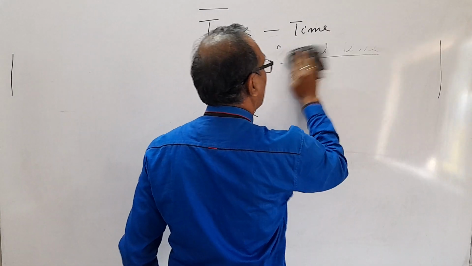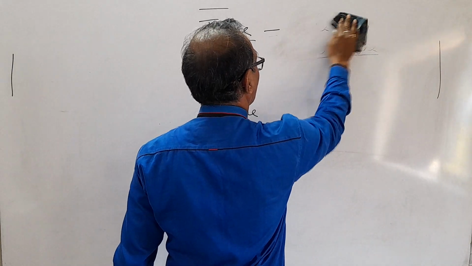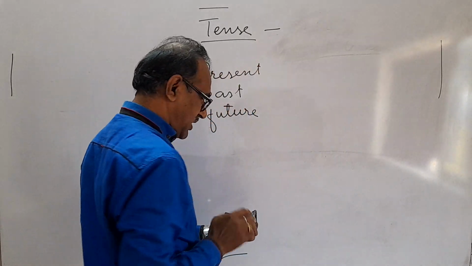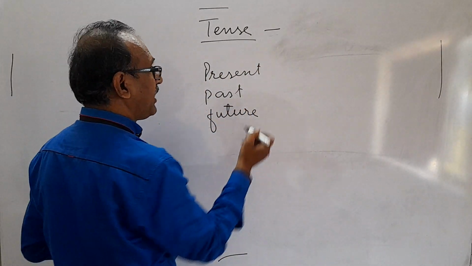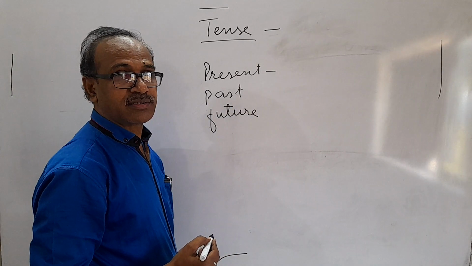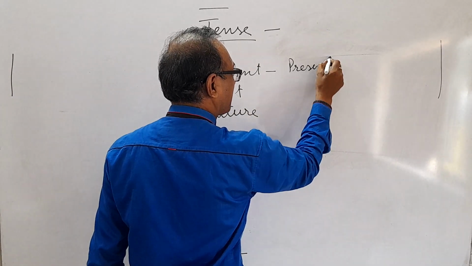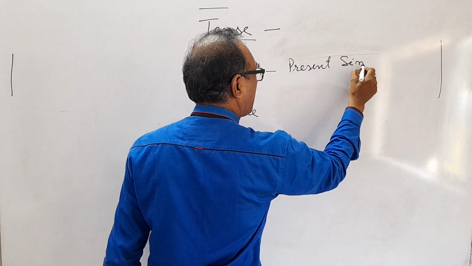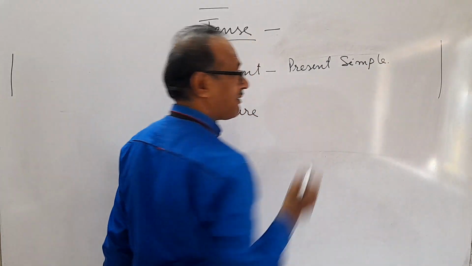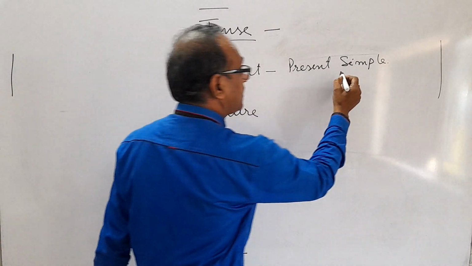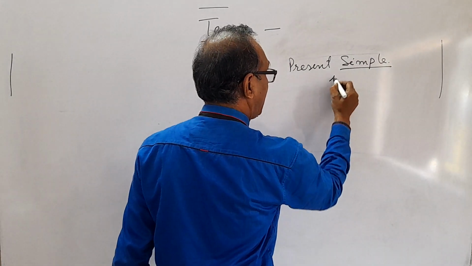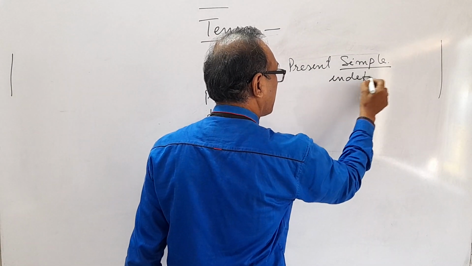And now let us think about the other parts of present, past and future. As you have already read in your lower classes, present has been divided again into four parts. That is present simple, which again is called indefinite.